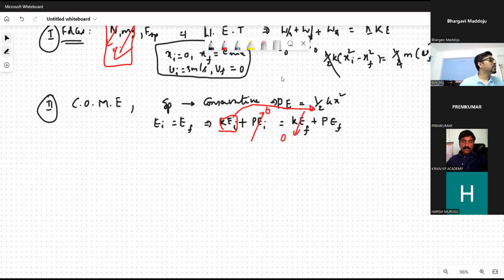Okay, another example let us consider. A two-block system I'm considering, and in this two-block system, there is a friction also between the blocks.